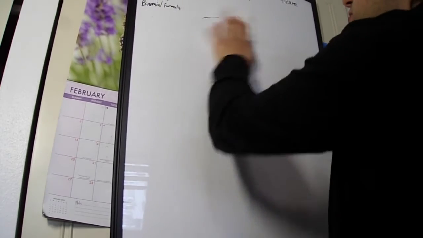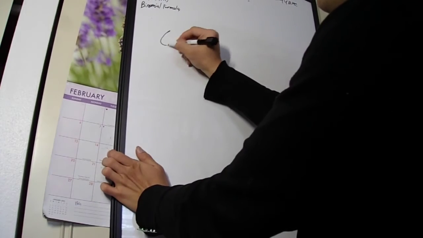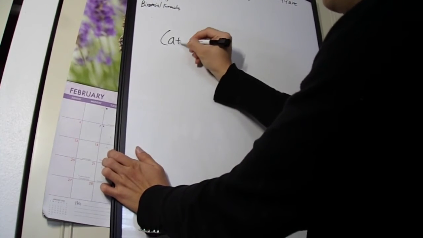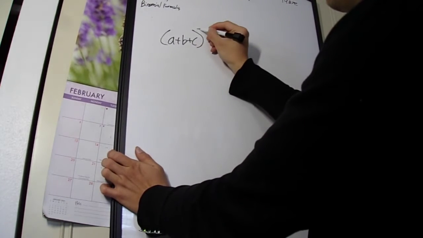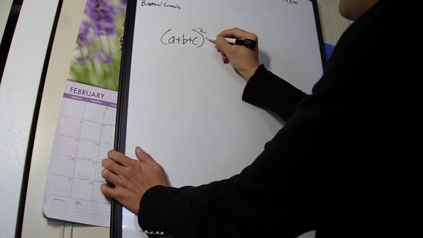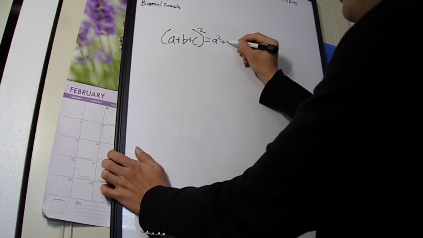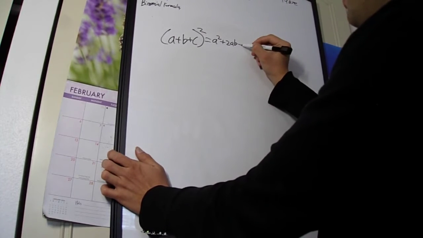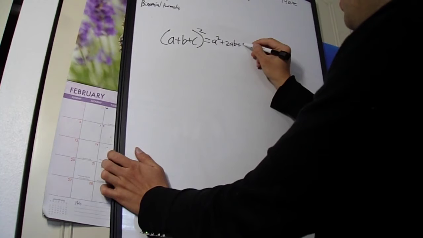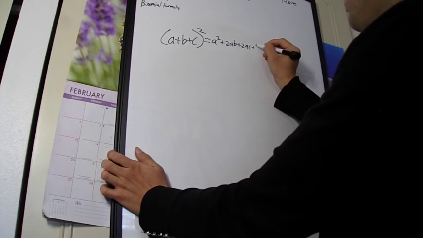Now, let's go on to the bigger one. A plus b plus c, squared. Okay, so that would equal a squared plus 2ab, like last time, plus 2ac plus b squared.